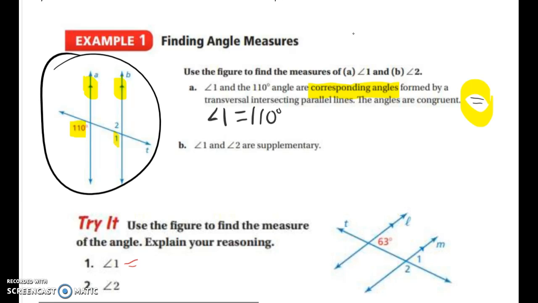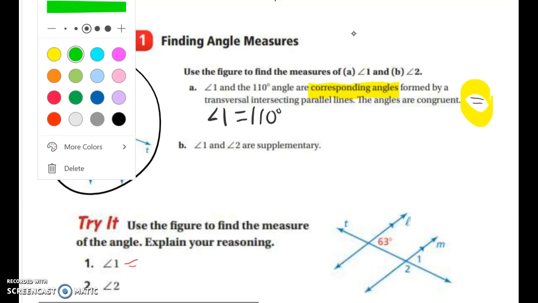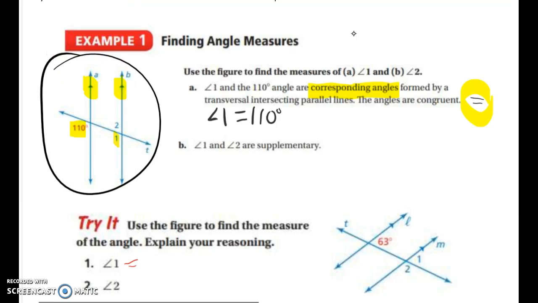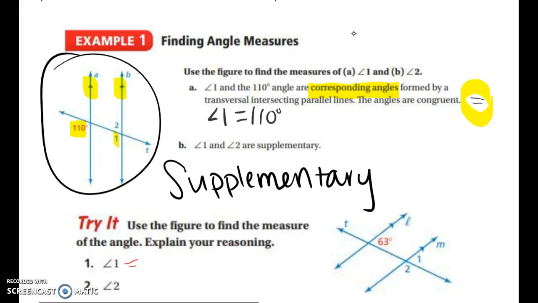In part B, it is saying that angle 1 and 2 are supplementary. We have learned about supplementary angles before. If you remember, we wrote down supplementary and turned that S into 180, because the angles add up to a 180-degree angle.